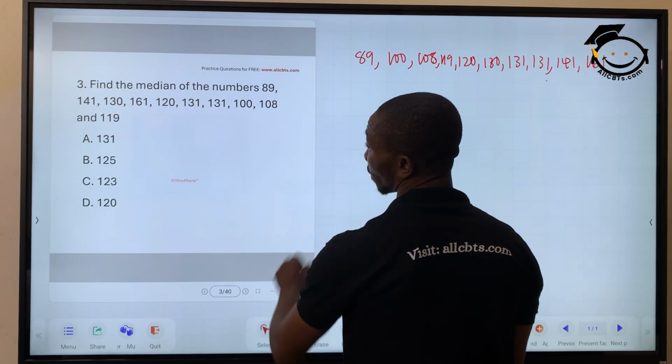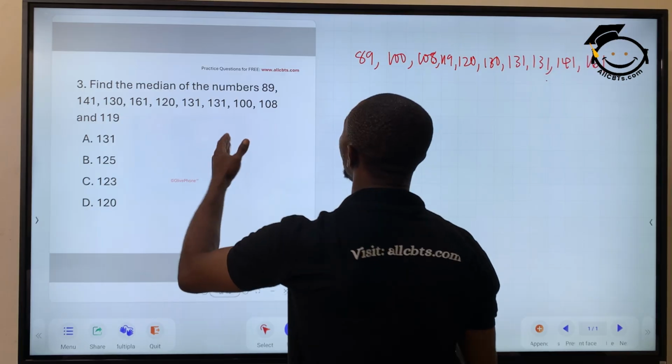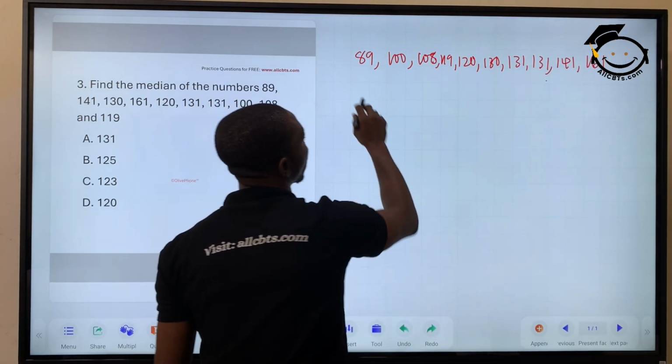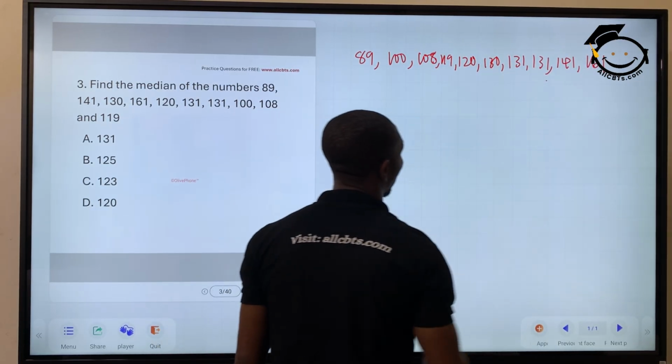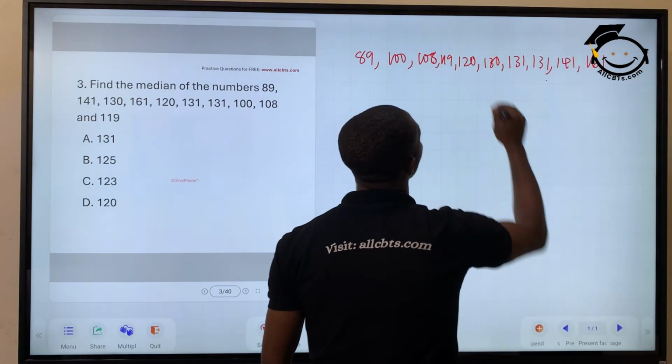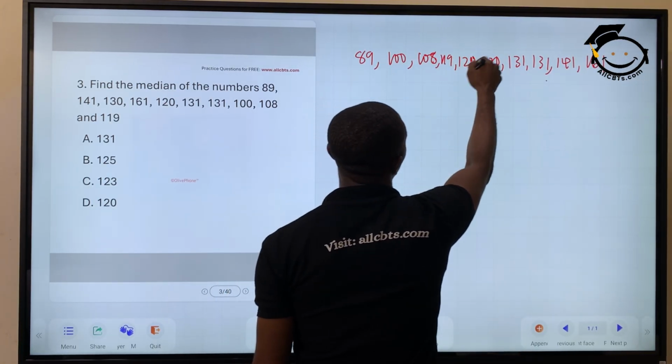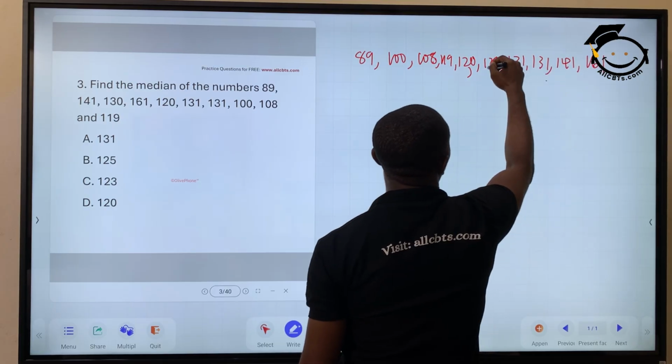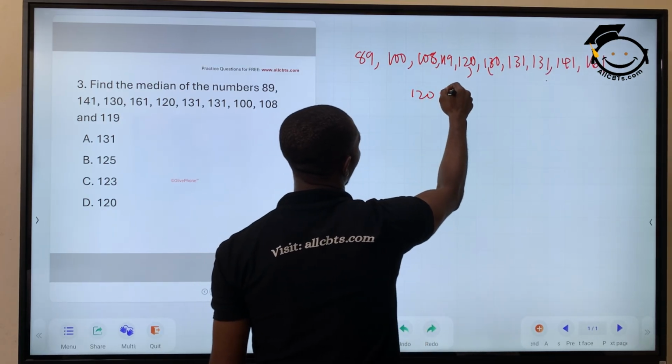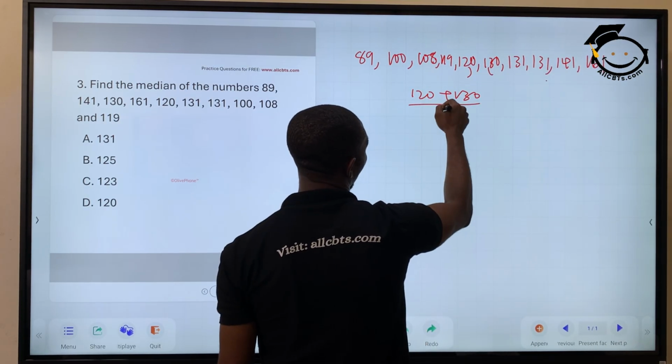Okay, now it's complete. Now, median is the middle number. Since this is an even number, 10, our median will be the average of the 5th and 6th numbers. So that is 120 plus 130 divided by 2.